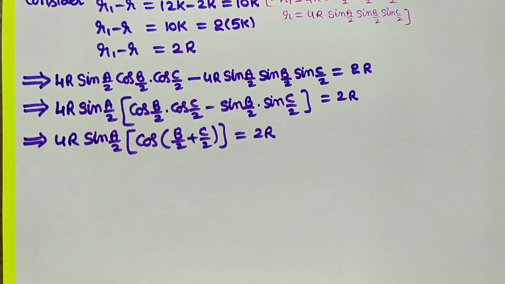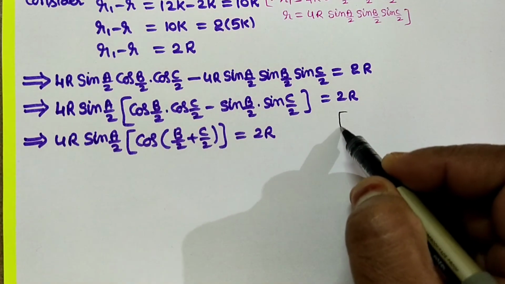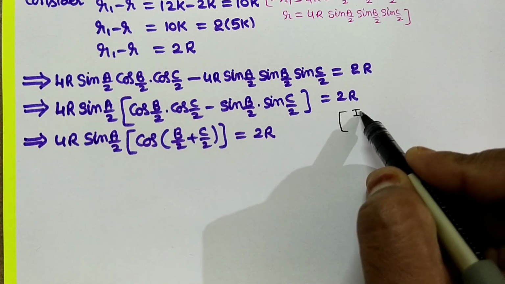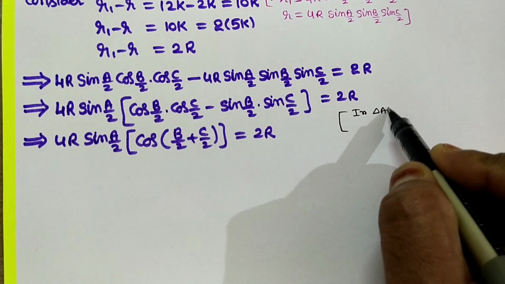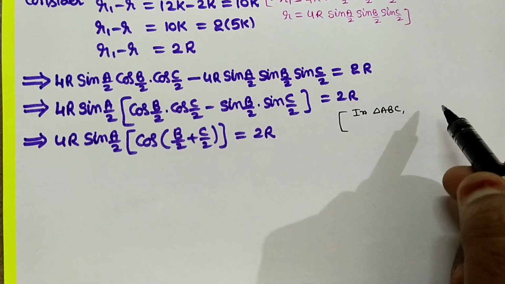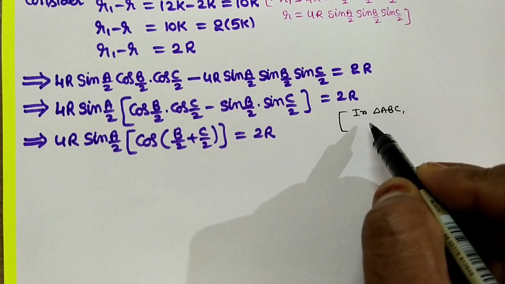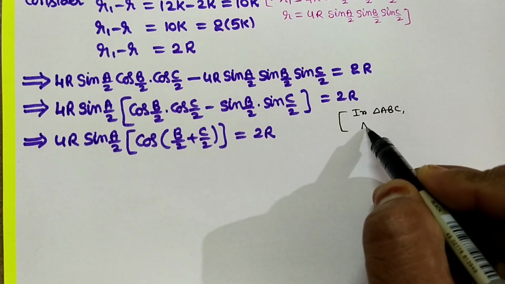In the next step, cos of (B plus C) by 2 is equal to sin A by 2. How will it be? In the previous sessions, we discussed this; I am writing the result directly. You remember now onwards, in triangle ABC, we have A plus B plus C equal to 180.